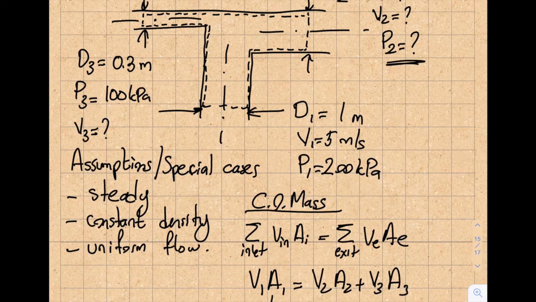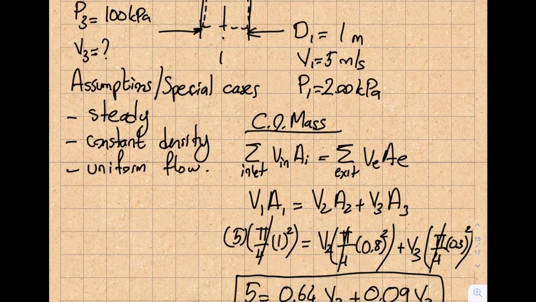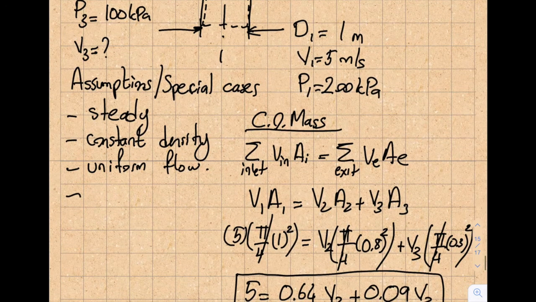But one thing we need to be careful about when using Bernoulli's equation is that I have to be consistent in my assumptions, right? Bernoulli's equation is only applicable for inviscid flow, no loss, no work, density constant, which we already have. And I need to draw, that's not an assumption or special case, but I have to draw in my figure my streamline to illustrate what I am doing, okay?